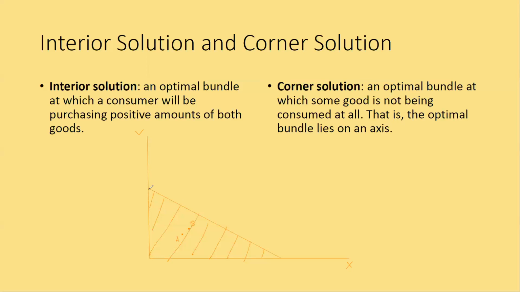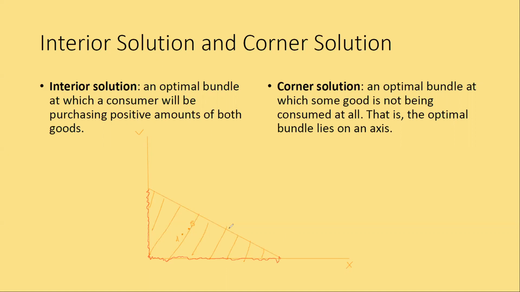So the corner solutions are basically some point along this y-axis. So I overdraw here. So it is some point along this part of the y-axis or some point along this part of the x-axis.